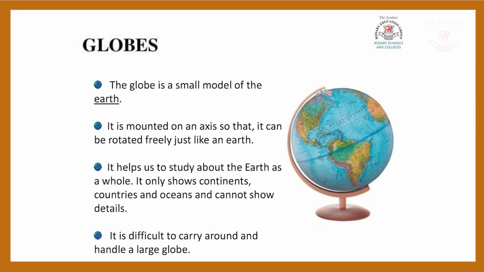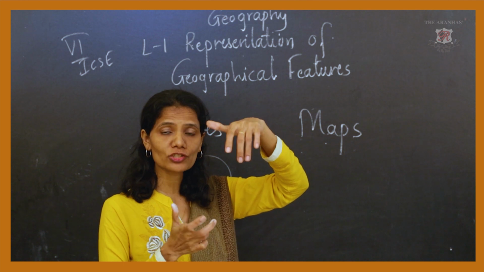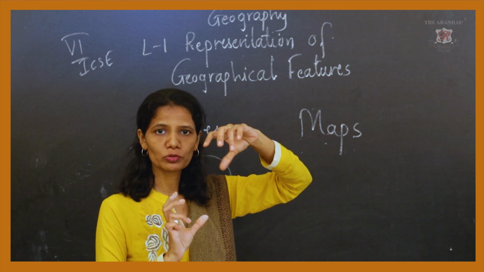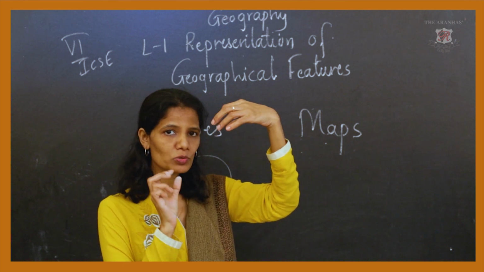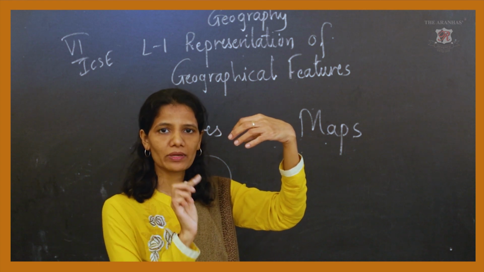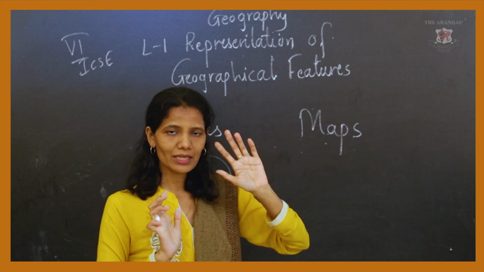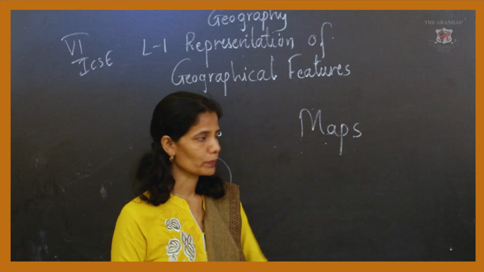It is mounted on an axis so that it can be rotated freely, just like the earth. Whenever you move the globe, you can search any country or any place just by sitting in one place and moving the globe.